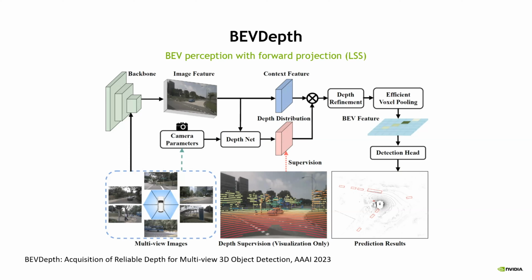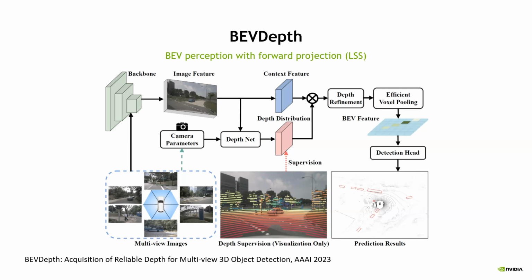Therefore, the network designs of 3D occupancy prediction are naturally highly correlated with existing BEV perception solutions. There are many state-of-the-art BEV works, so I'm only picking two that are closely related to the solution we built on.